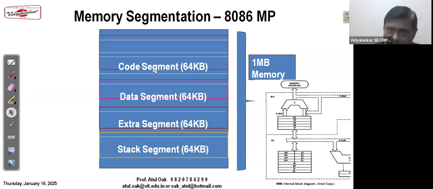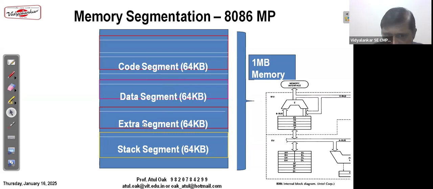Data segment. Whatever data your program works on, जैसे मुझे 10 numbers को arrange करना है ascending order या descending order में. So your 10 numbers are data that you will store in data segment. Okay.